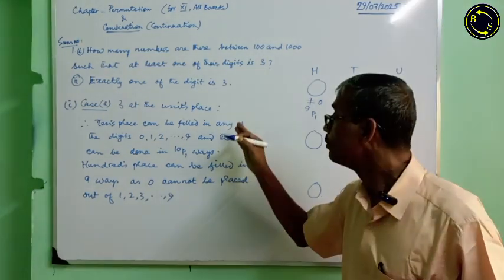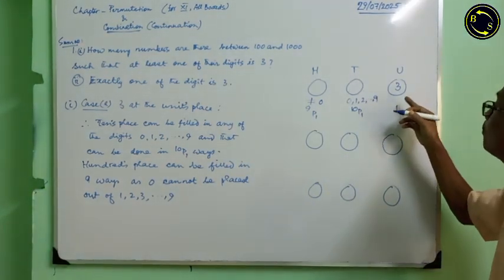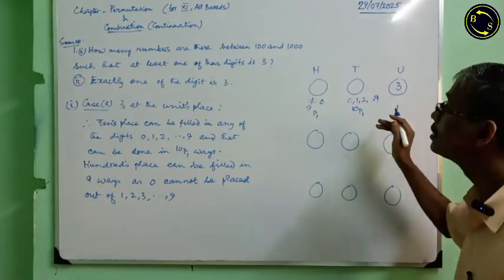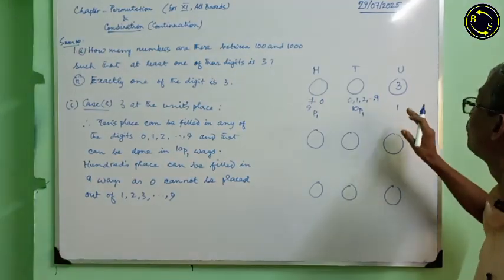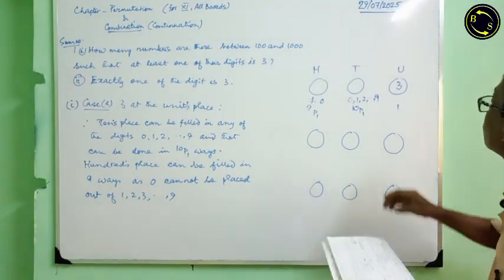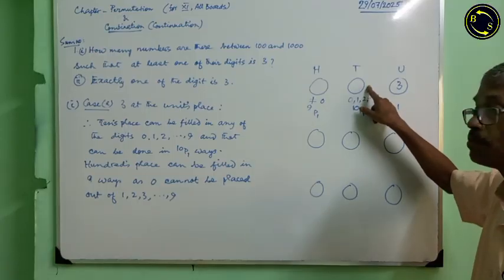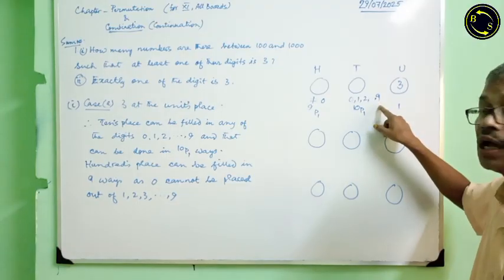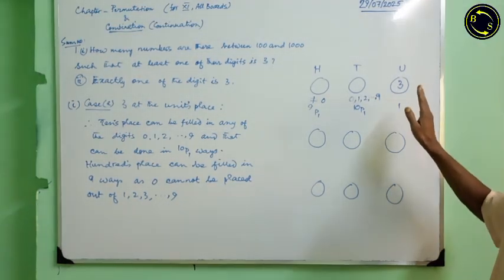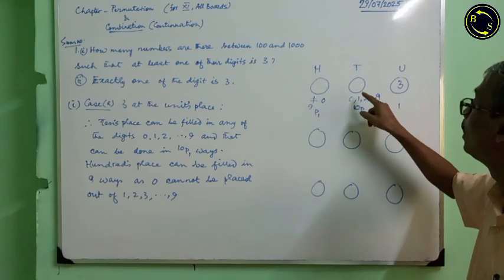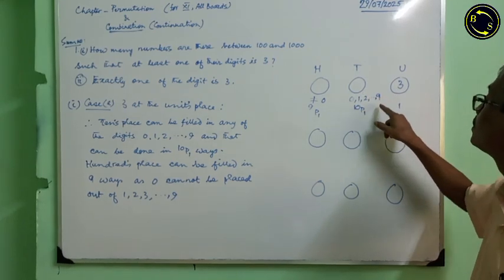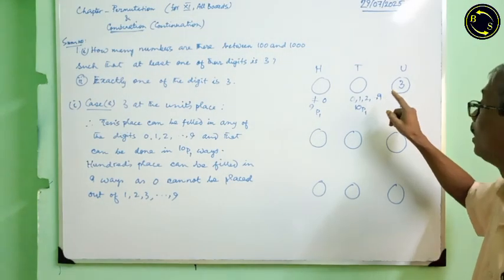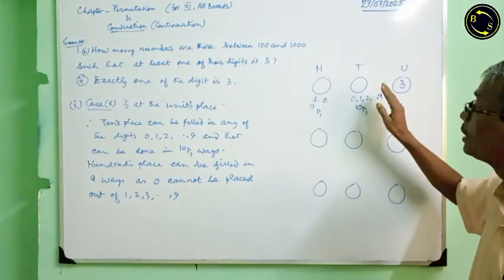Follow the reasoning. We are placing 3 at the units place. Since at least 1 three will be there, therefore after putting 3 at the units place, tens place can be filled in 10p1 ways out of the digits 0, 1, 2, 3 to 9, because any of the remaining digits along with 3 can be placed here.